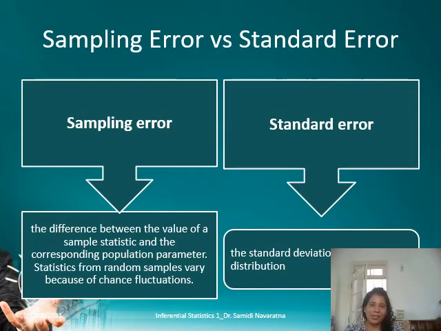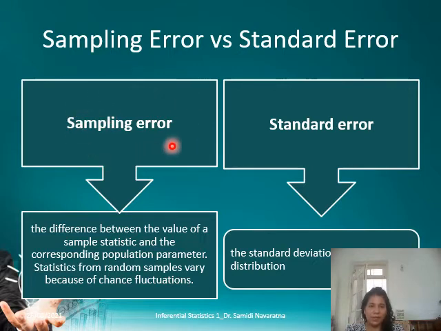Let's try to understand sampling error and standard error. So, what is sampling error? It's the difference between the value of a sample statistic and the corresponding population parameter. It's rarely that you will get the exact population parameter by studying just one sample.